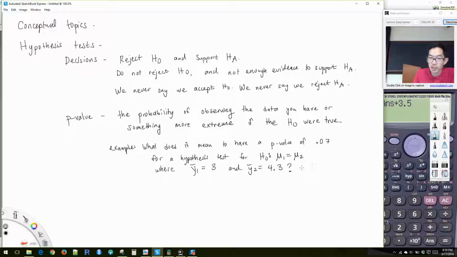Oh, I should say the null was mu1 equal to mu2, and then the alternative would be mu1 not equal to mu2.